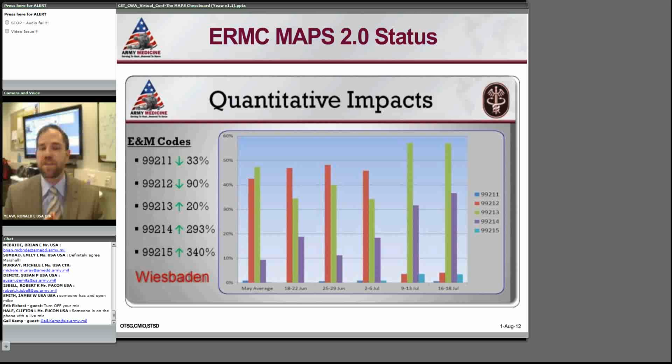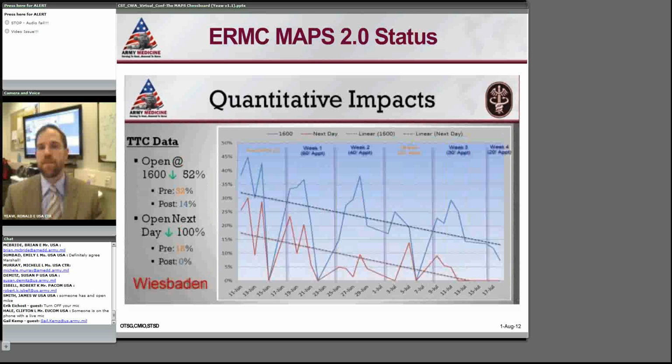But more importantly, we're not the RVU police. We're the time to close police. Take a look at this graph. What you're looking at here, the blue lines represent percent open encounters at 4 p.m. at the Wiesbaden Army Health Clinic across a 6-week period.